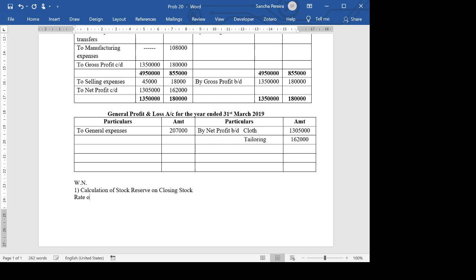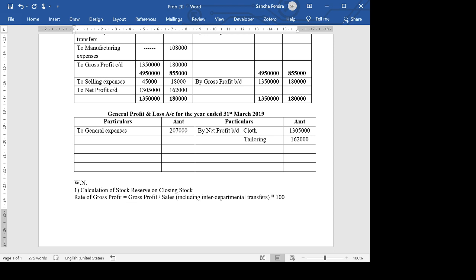So rate of gross profit is equal to gross profit divided by sales. Please remember that these sales are inclusive of interdepartmental transfers. I've not written it in every problem, but you need to know it's always including interdepartmental transfers, into 100.